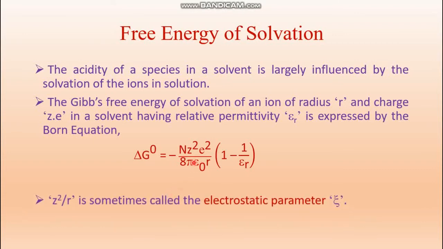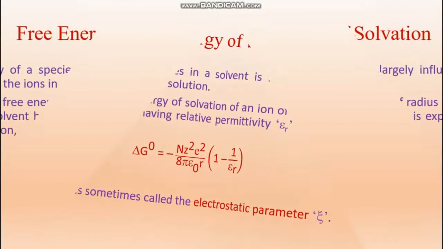The term z squared by r has a special name, the electrostatic parameter, sometimes denoted as xi. In some books you will find the equation written as N xi e squared by 8 pi epsilon 0. The z squared by r term is absorbed there, so nothing to worry about. Here xi is written instead.